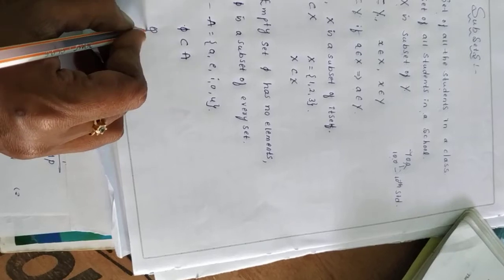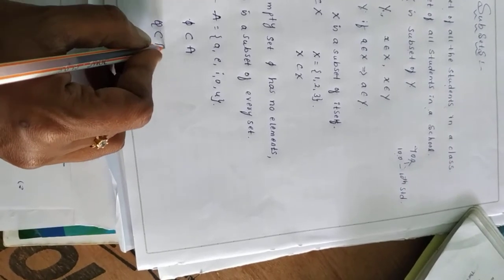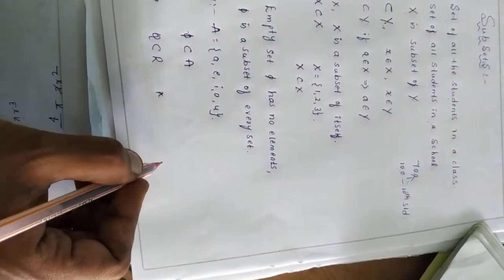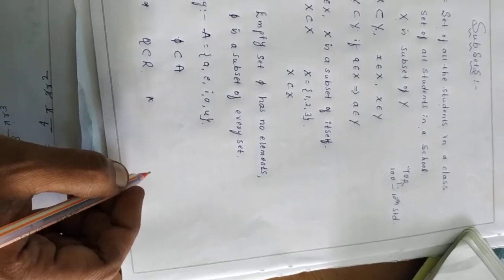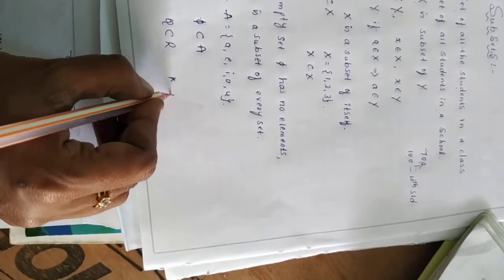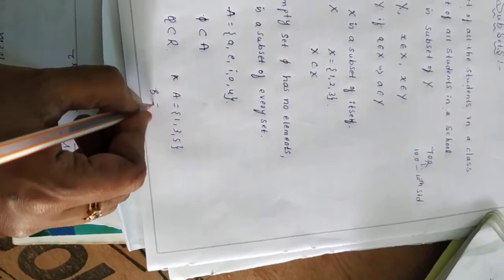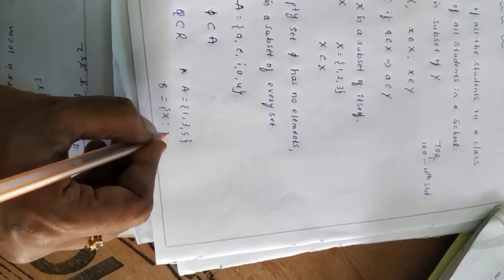That is a rational number, which is a subset of the real numbers. Hope you guys agree with this. Again, one more example: if I consider a set A as 1, 3, 5, then set B is {x such that x is an odd number less than 6}.